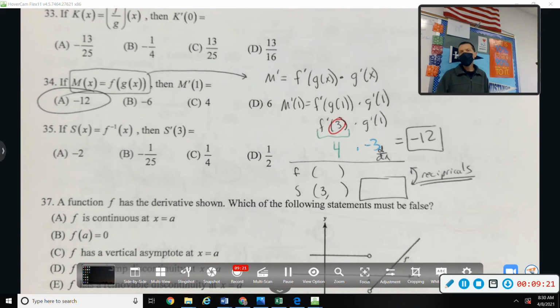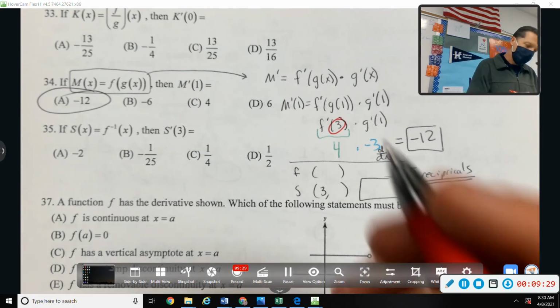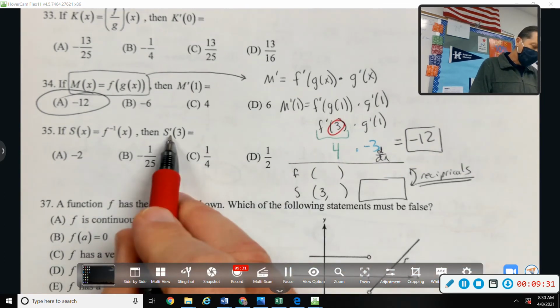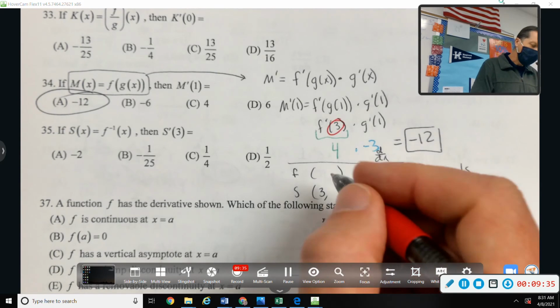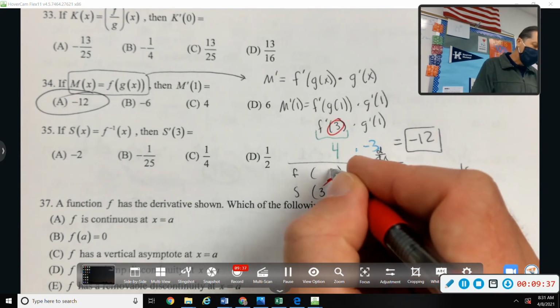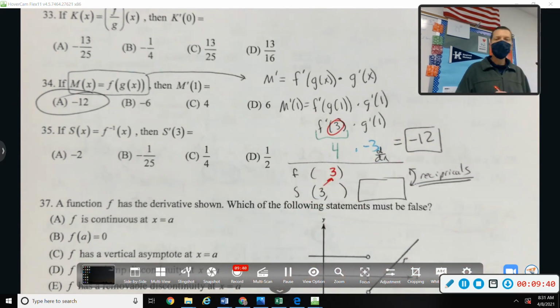So that's one of the trickier things we do all year, is this change with inverses, because x and y trade places for inverses. So s prime of 3, that means 3 is the x value for s, but that means it was the y value for f, because they trade places for inverses.